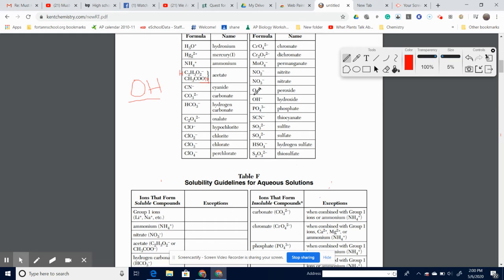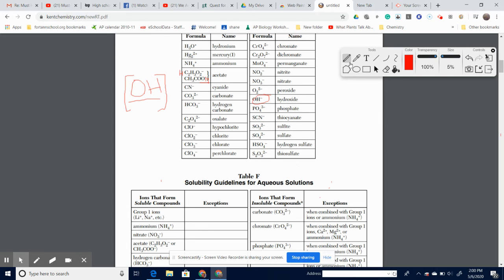So this OH is a polyatomic ion, right? It's connected covalently together, but in a base, it's bonded ionically to, say, sodium.